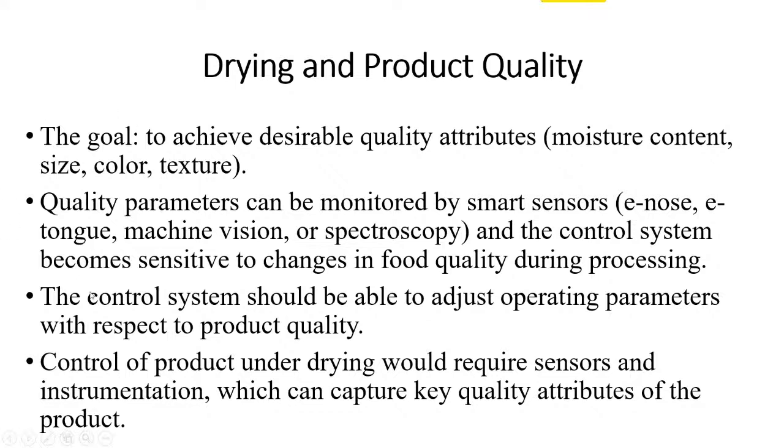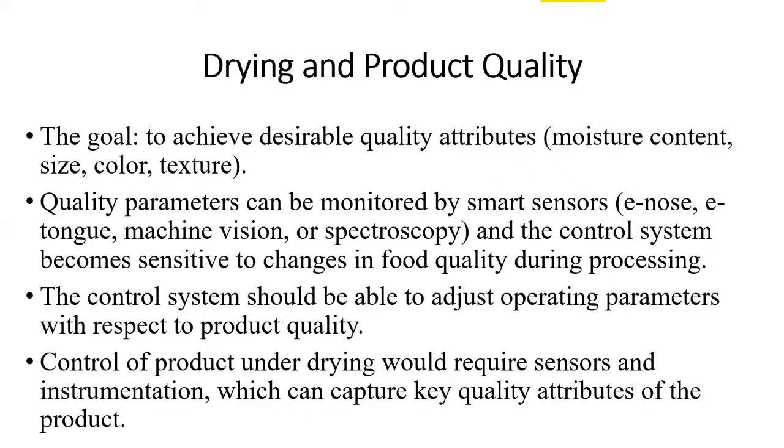And for a smarter drying system, the control system should be able to adjust operating parameters of the drying with respect to quality. This can be done, for example, in the drying of apple slices, in order to reduce the browning reaction during drying, and also to decrease the shrinkage during drying.